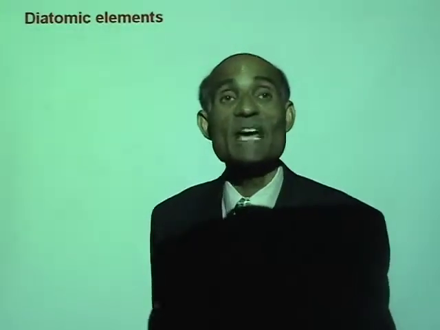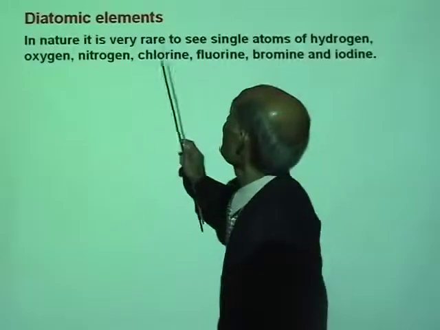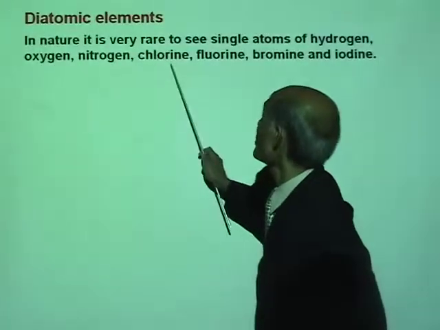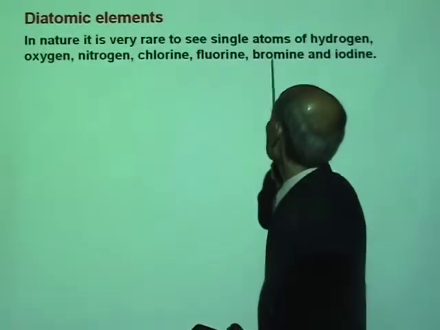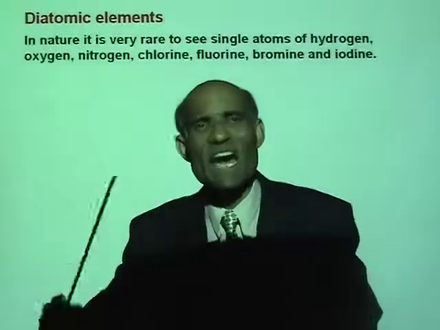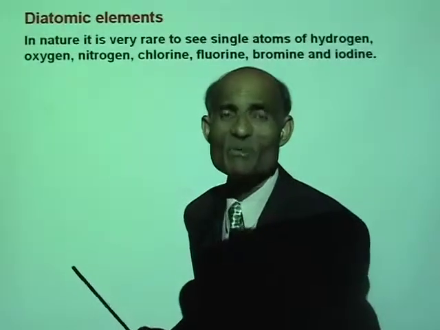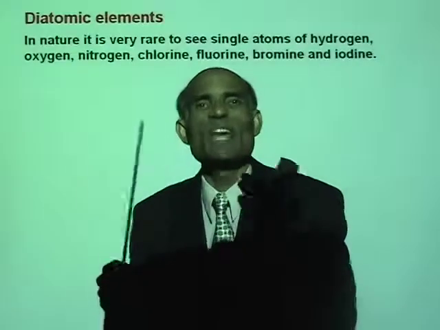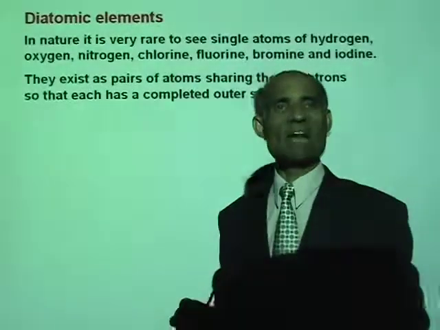Alright, what are diatomic elements? By now you know that there are certain elements like hydrogen, oxygen, nitrogen, chlorine, fluorine, bromine and iodine. They are all diatomic elements. In other words, they don't come in single atoms. They don't like to remain as single atoms.